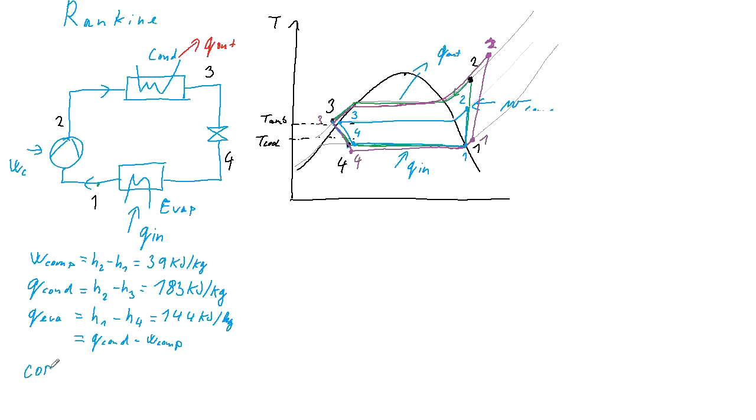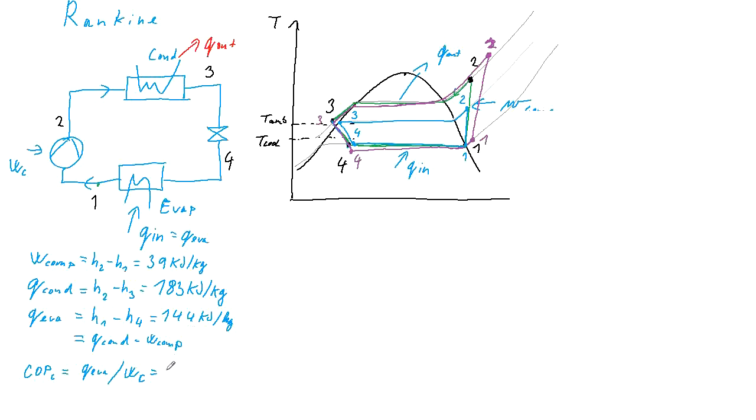And then the coefficient of performance for cooling is the Q in or Q evaporator divided by the work input, work of the compressor. So what we want to get divided by what we need to give into the system to get it.